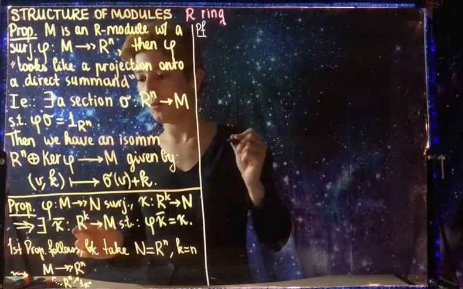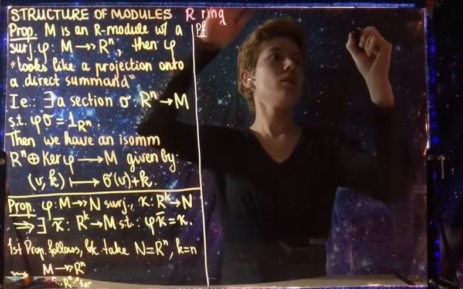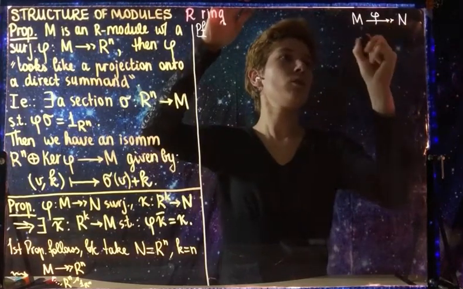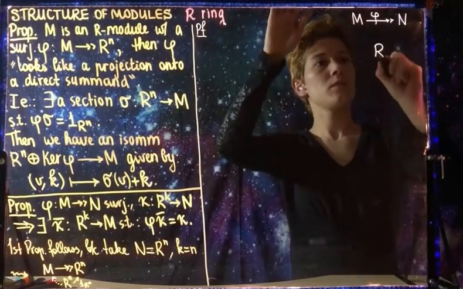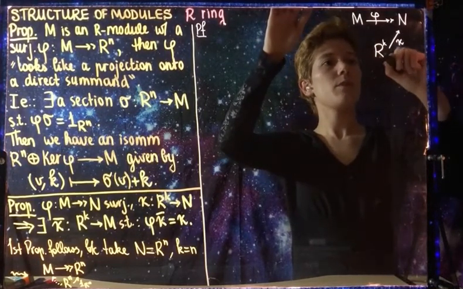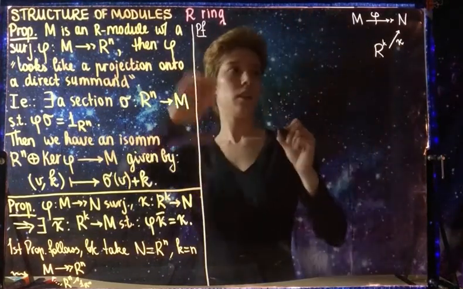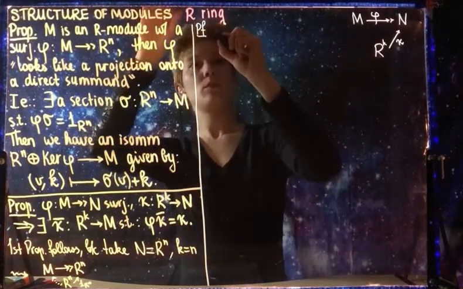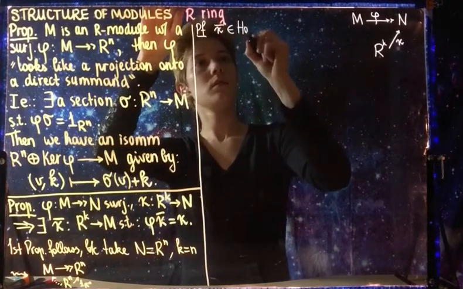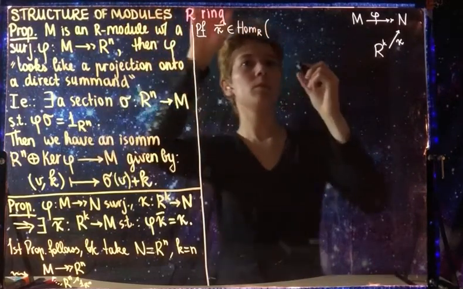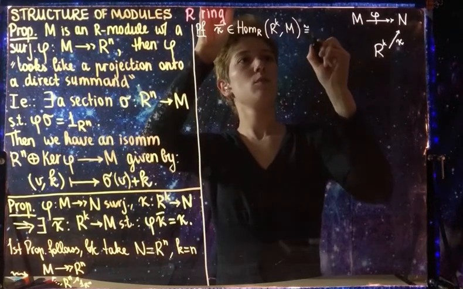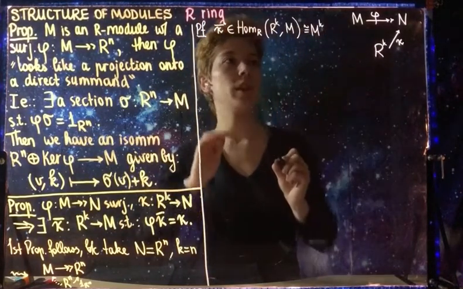Proof of the second proposition. Let me draw a diagram here. We have a surjection phi from M to N, and we have any homomorphism kappa from a free module Rk to N. Then we want to construct a homomorphism kappa bar from Rk to M, which is again isomorphic to M^k.